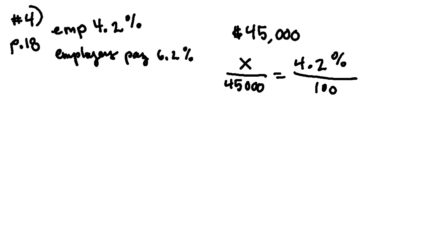I'm assuming they're talking about the employee and not the employer. This one is the exact same thing I've already done. You're going to cross multiply, and then you will divide by 100. I'm pretty sure the answers to the odds are in the back of the book, the evens are not.